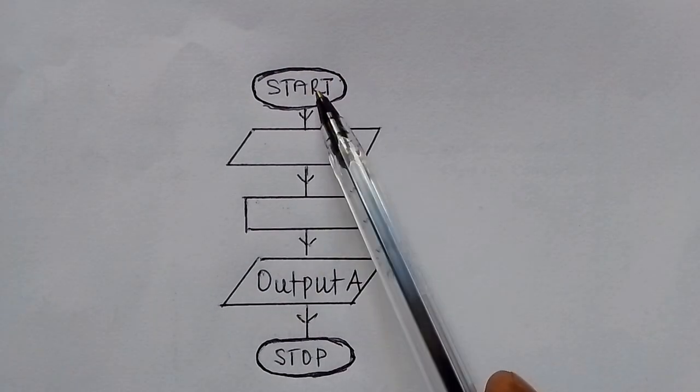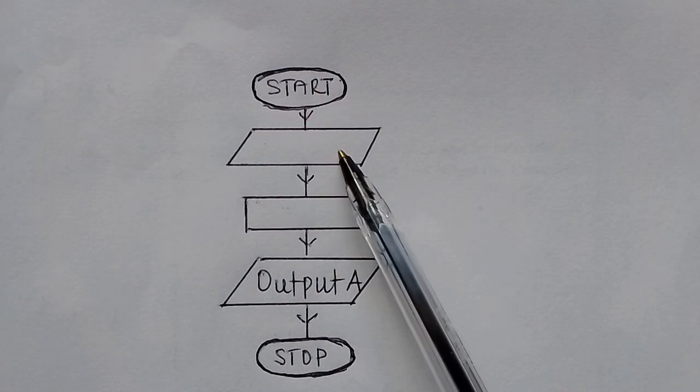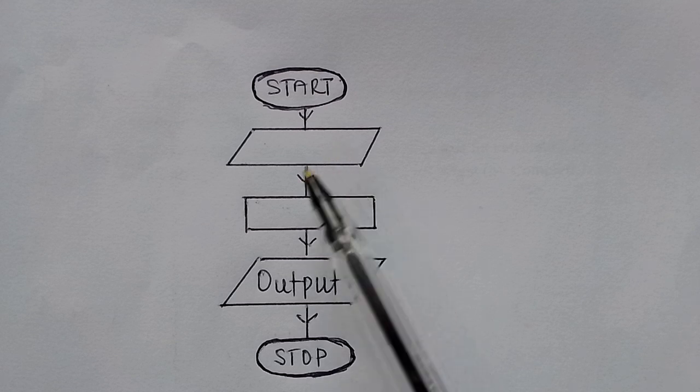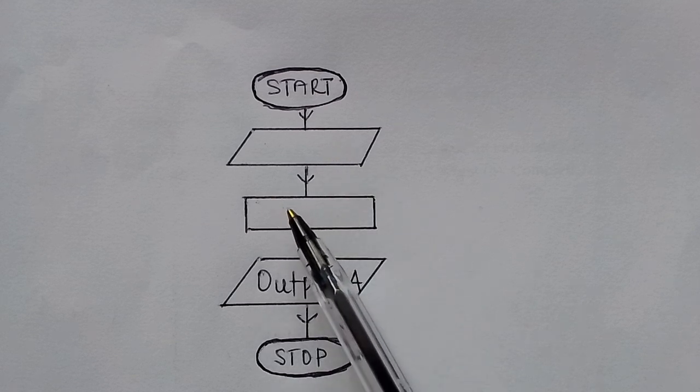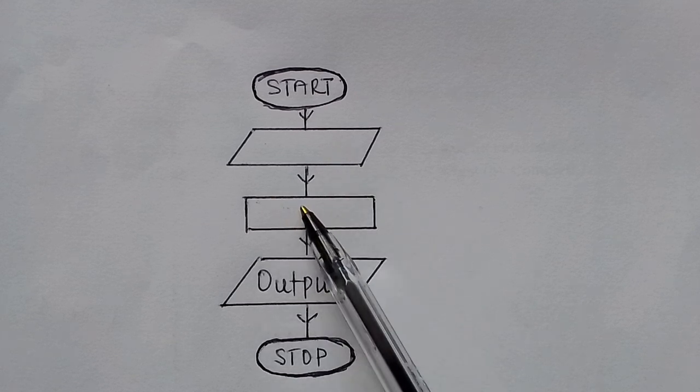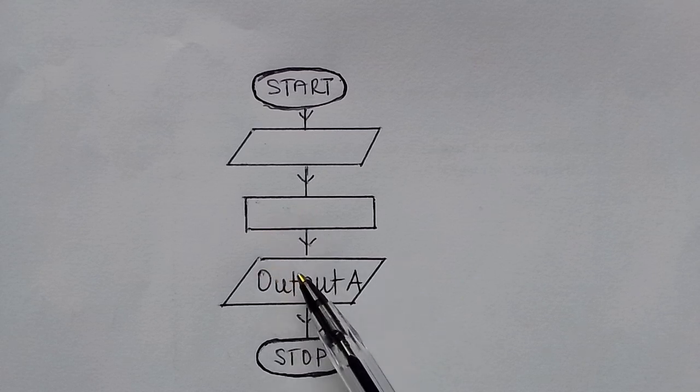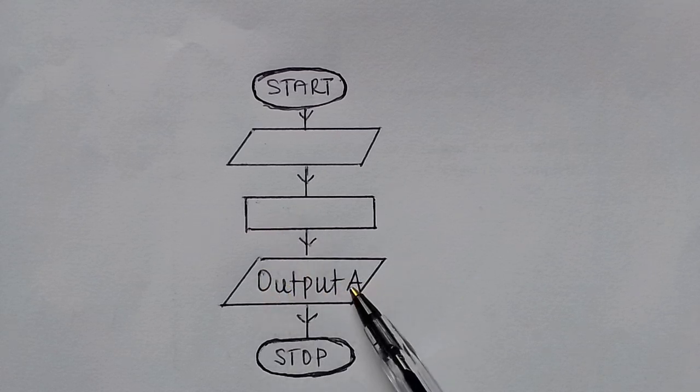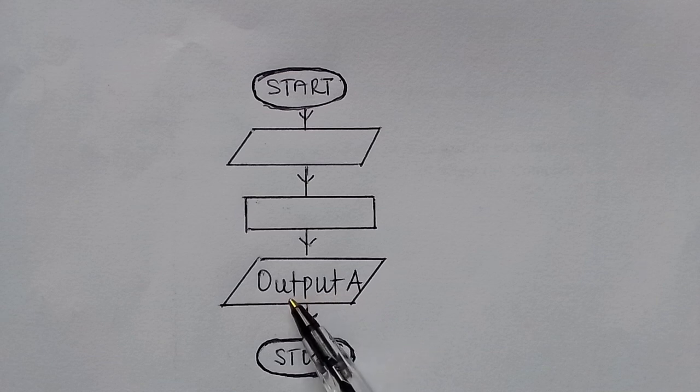We've got start, empty box, which is the input box. It's empty, we need to fill up something there. Also we've got the action stage, which is also empty. And we've got the output box, which has been filled up with the output A, which in this case represents the output of the curved surface area that we are looking for, and then stop.